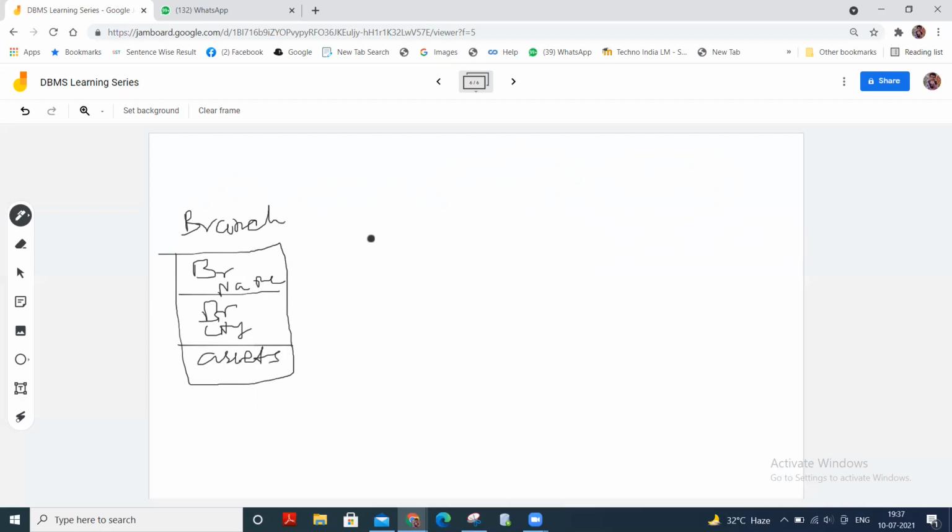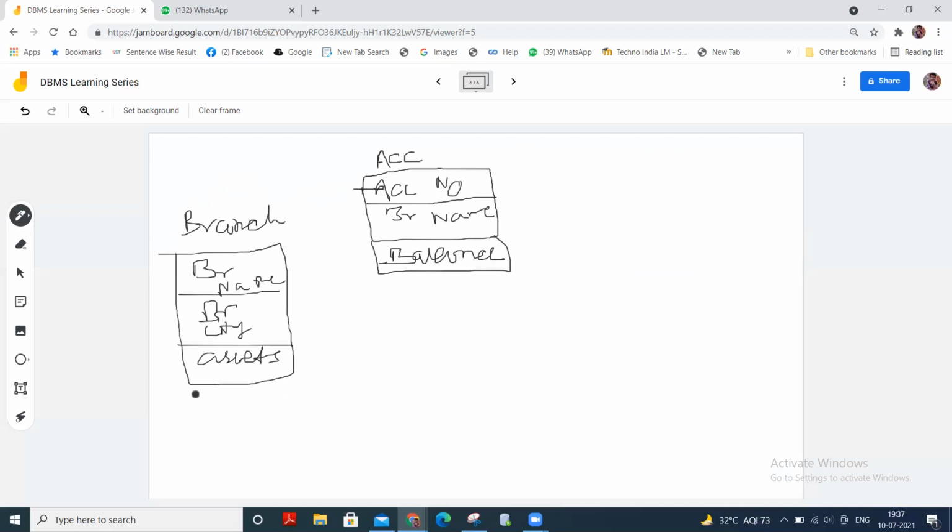Okay, and next one is account. So it is account, and the attributes are account number and branch name, and next one is balance. Okay, so this is the primary key of branch, and this branch name is the foreign key of account schema.